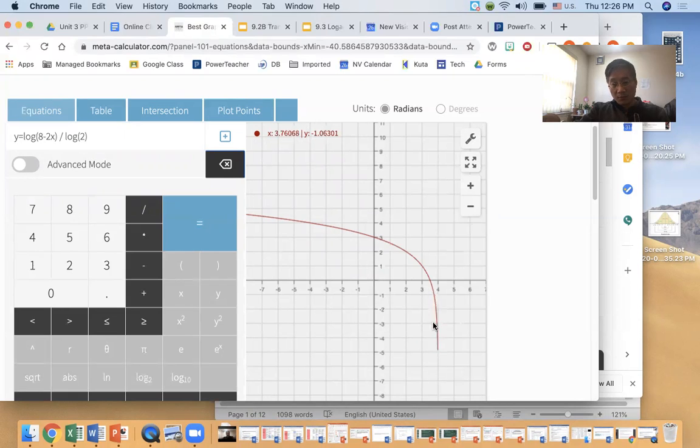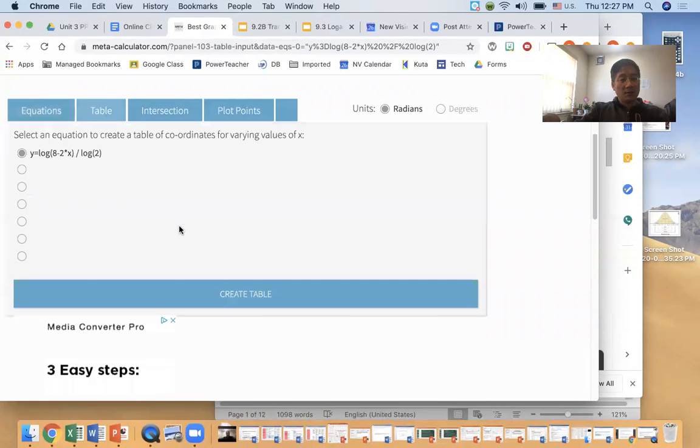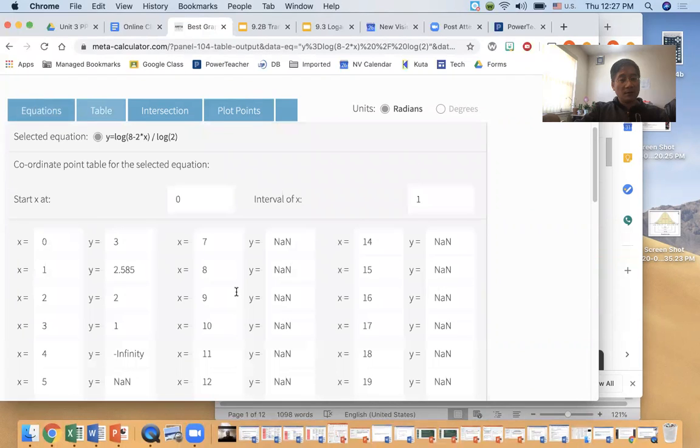Even though it looks like it's touching here, just remember it never touches. It keeps going down until y becomes negative infinity when x goes to 4, right? So we want to find the coordinates. So I said we need to go to the table. Look at the table here and create the table.